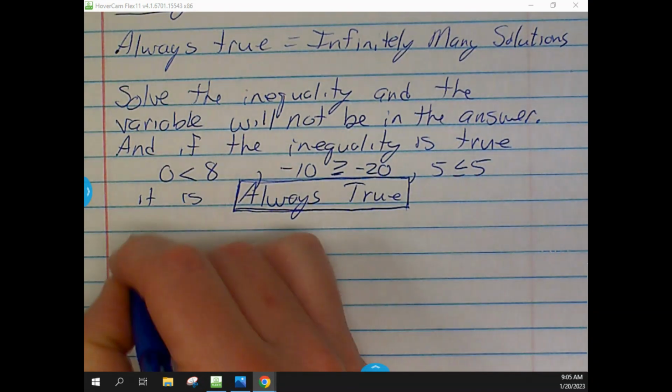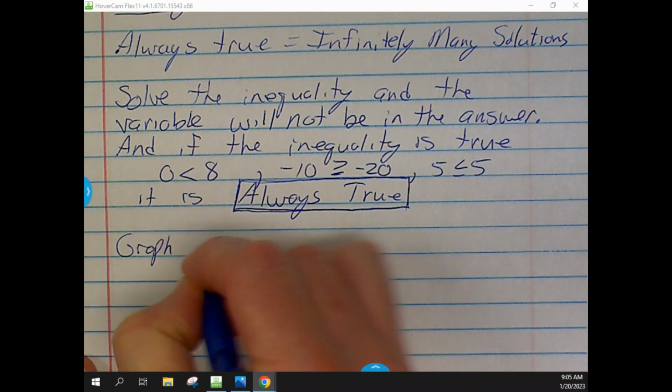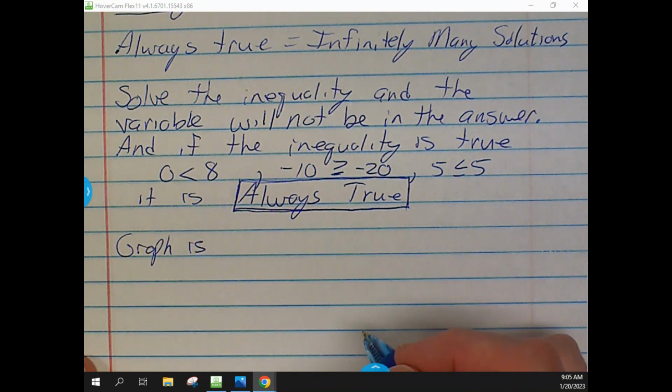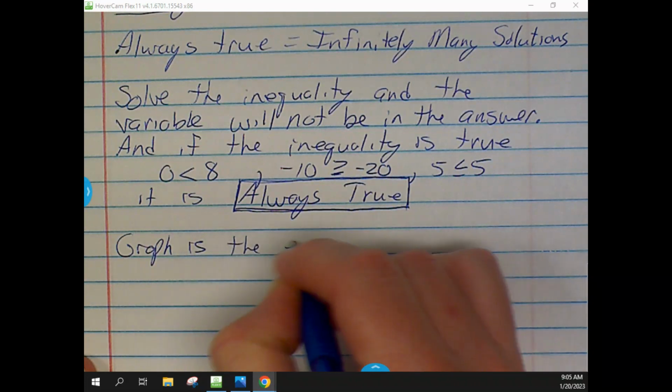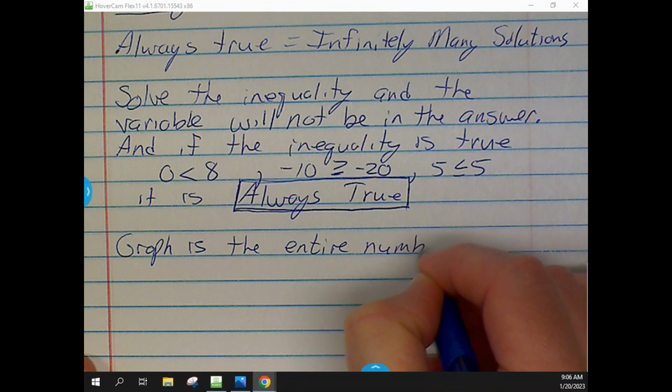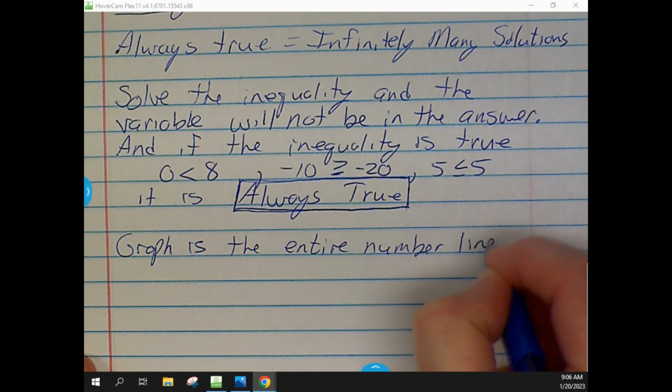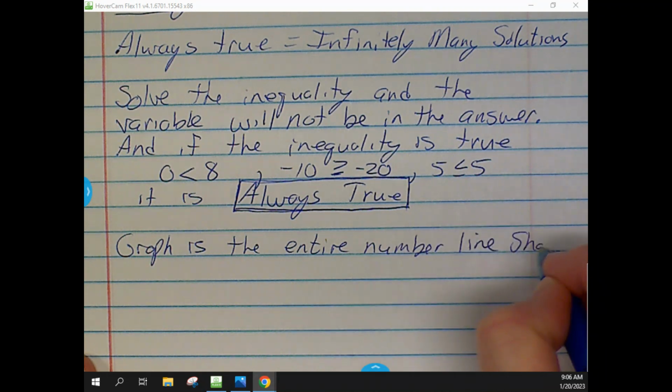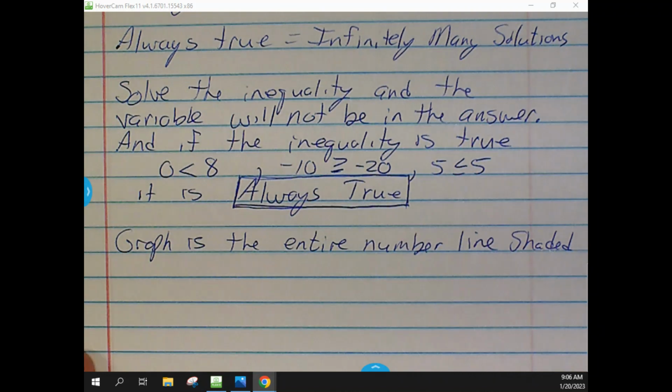Okay, your graph on that one is basically the entire number line. And you're going to shade in the whole entire number line.